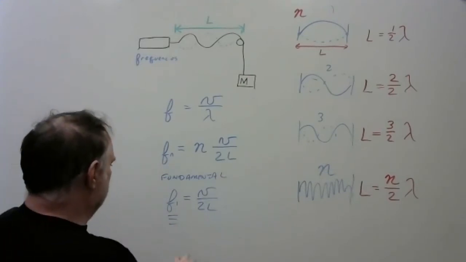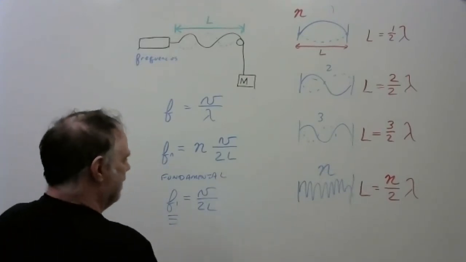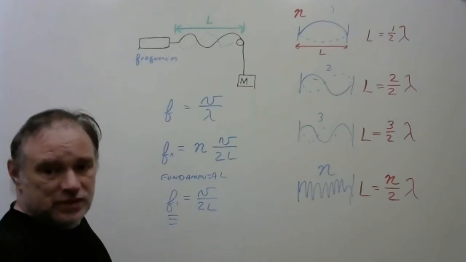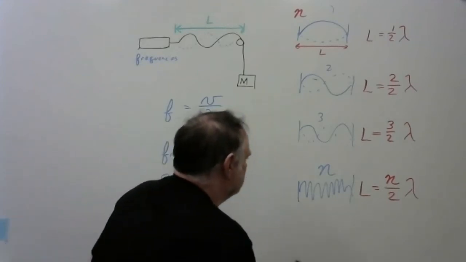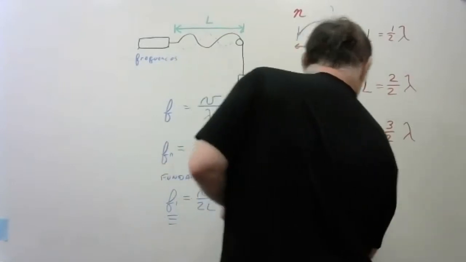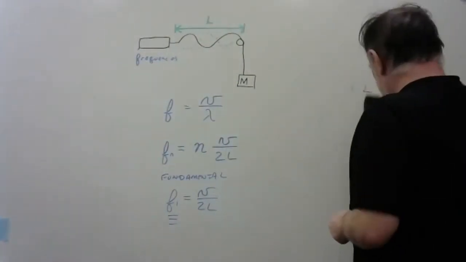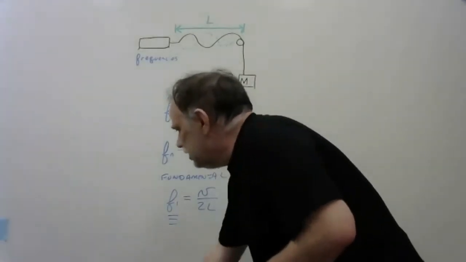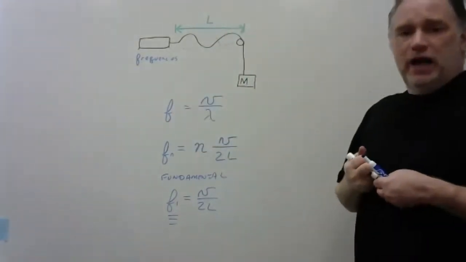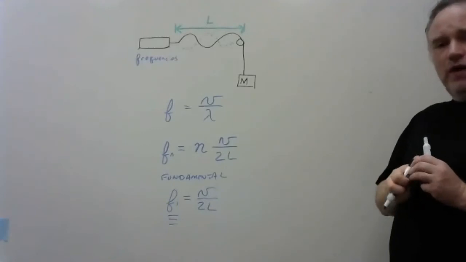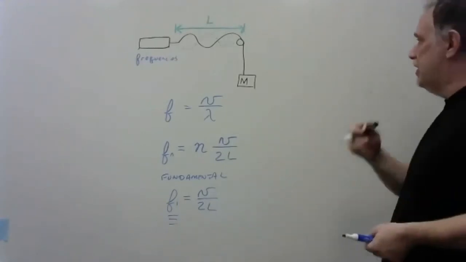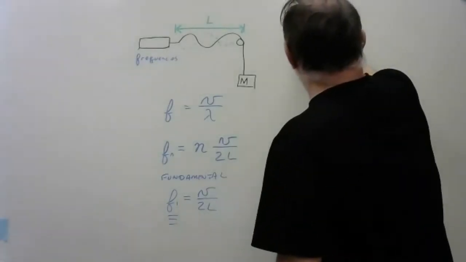So we're going to find two different ways of finding that fundamental frequency. And the first of them is experimental. The experimental way is we'll just do it by observation. We're going to have a wave set up and we're going to observe different waves on it.